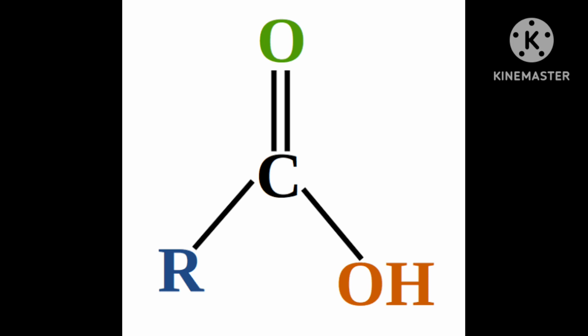First example is formic acid, HCOOH. Common name is formic acid. And what is the IUPAC name? Here you can see only one carbon is there, HCOOH, with COOH the carboxyl functional group.